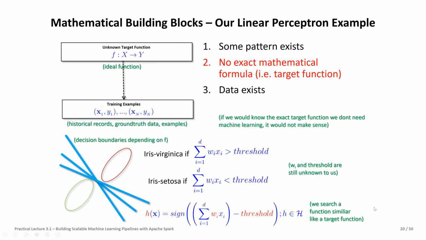But what we also have seen is that there are lots of hypotheses around. So each of these different lines is one hypothesis, right? It could be all these lines. They all basically differentiate the one class from the other. And by finding such a hypothesis that would work, we have to change this hypothesis in terms of its linear weights. That's why we called it a linear learning model. It's linear in its weights.